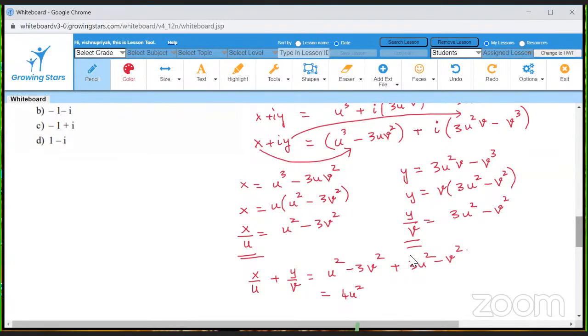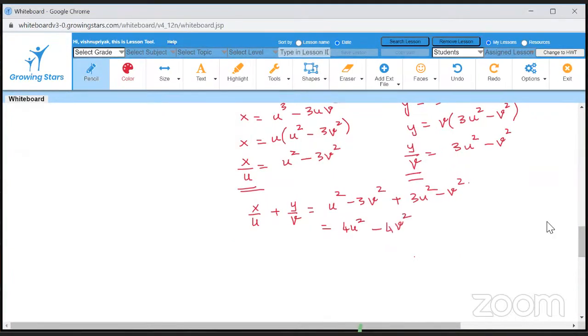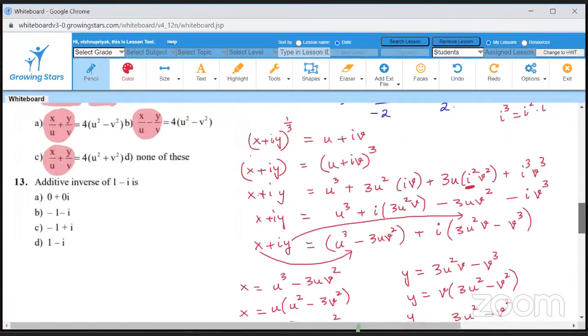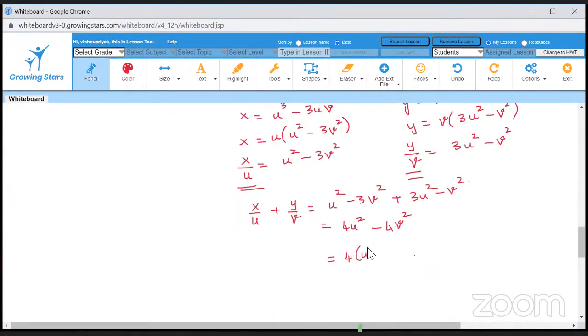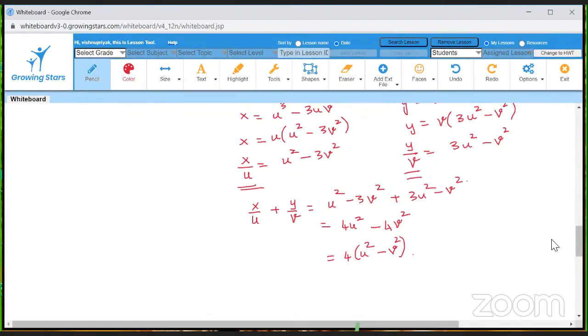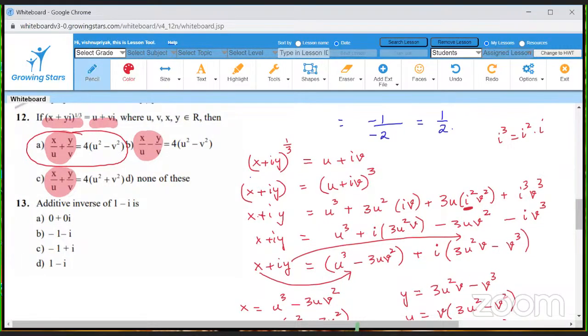Arpita said A. Okay. I will pull out common 4. Yes, Arpita, you are correct. So option A is correct because X by U plus Y by V is giving 4 into (U square minus V square).